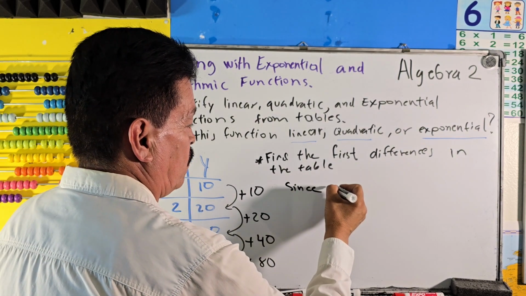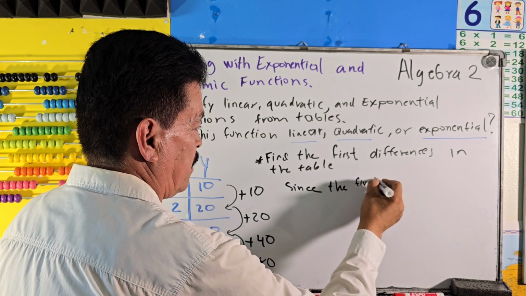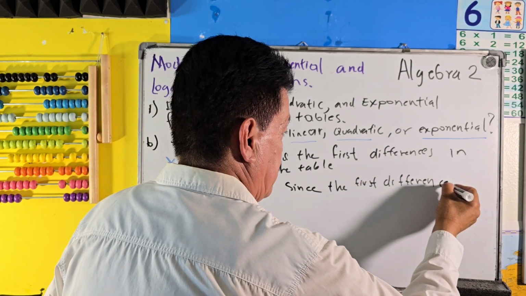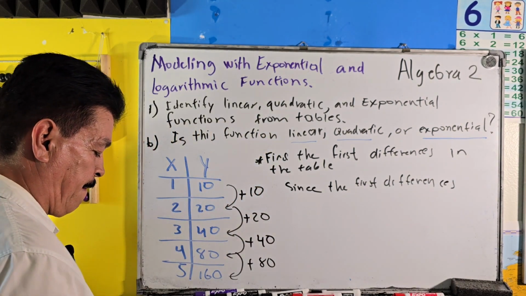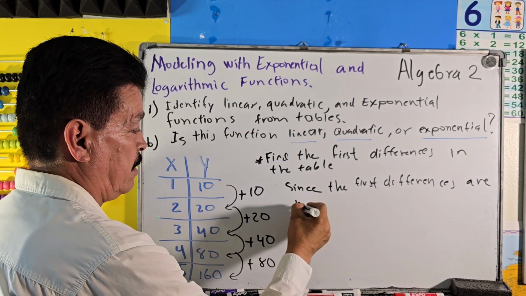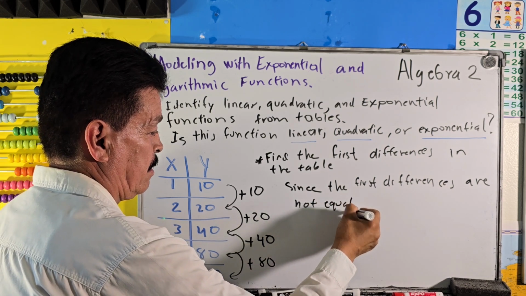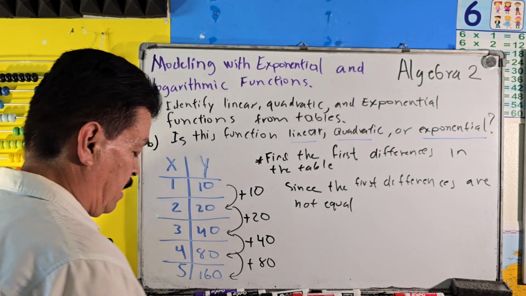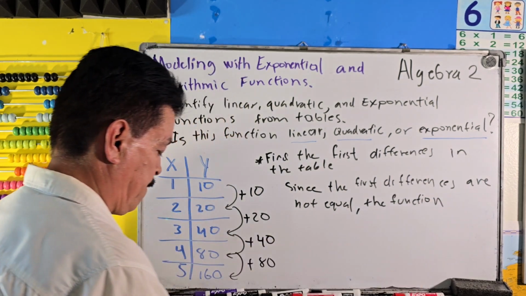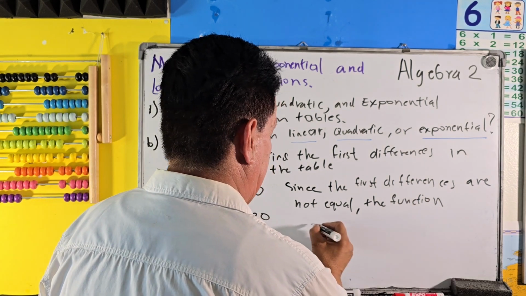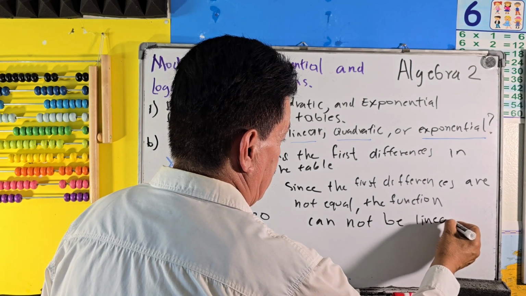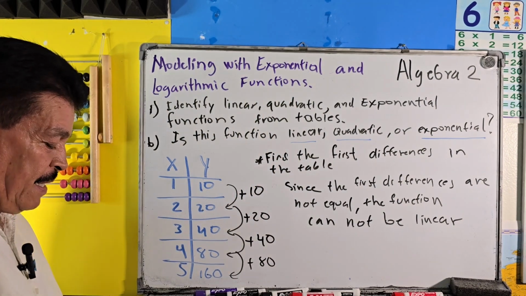Since the first differences are not equal, the function cannot be linear.